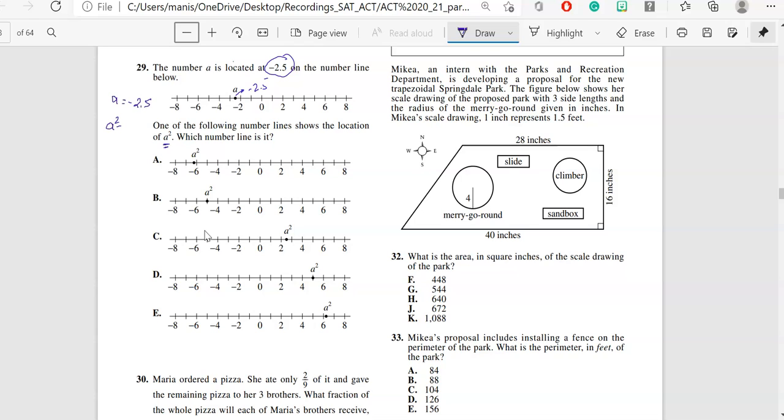And if you are finding the square of this, always make use of parentheses, and this is negative 2.5 whole squared, which will give you 6.25, positive 6.25. So if I'm looking at these number lines, this is the only number line which gives me a square at this position, 6.25 with a positive. So option E is the correct answer choice for question number 29.